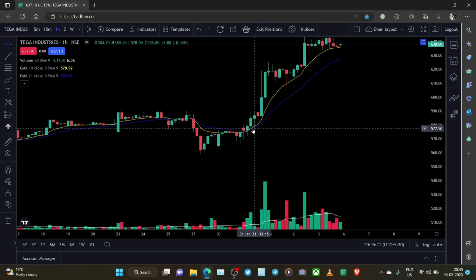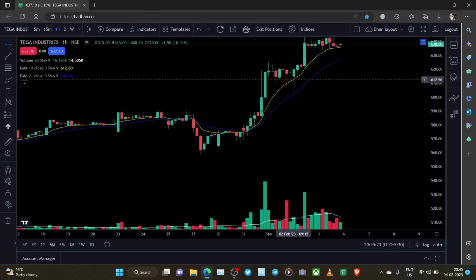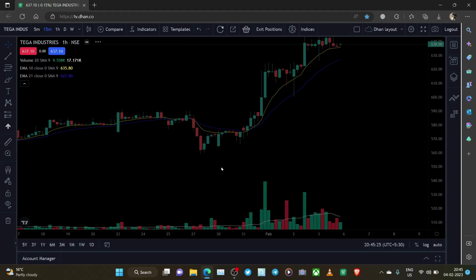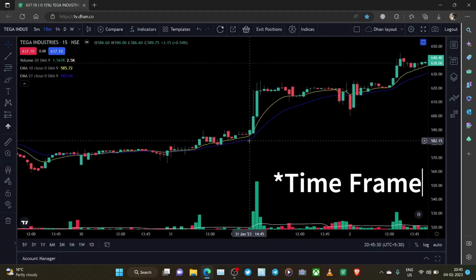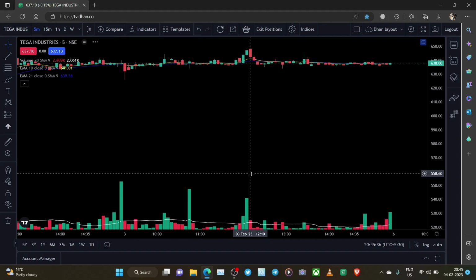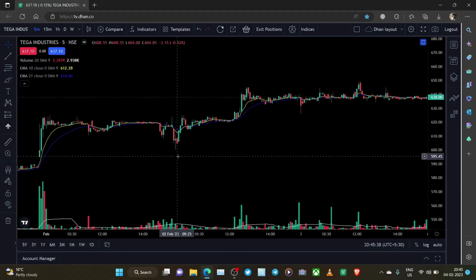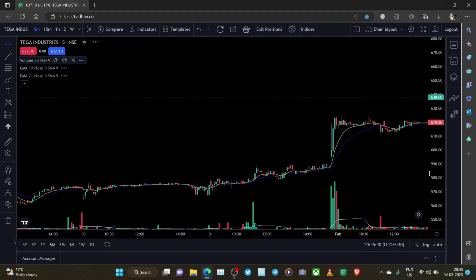The 10 and 21 EMAs are stacked here. Then I went to the 15 period EMA, which I can see is also stacked upright. Then I went to the 5 period EMA, and you can see it is also stacked.